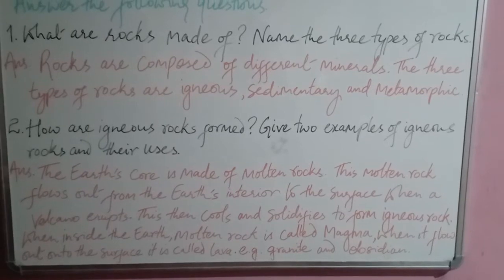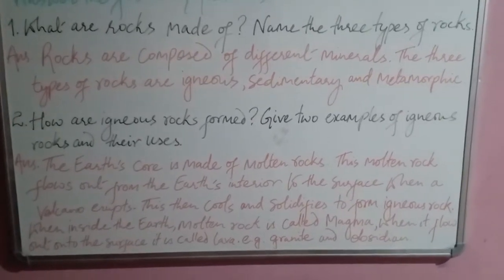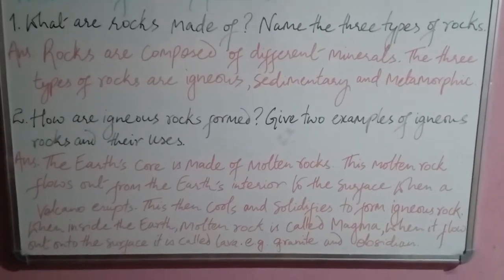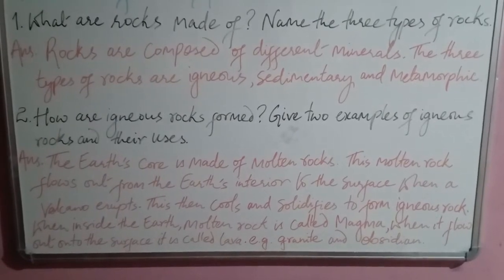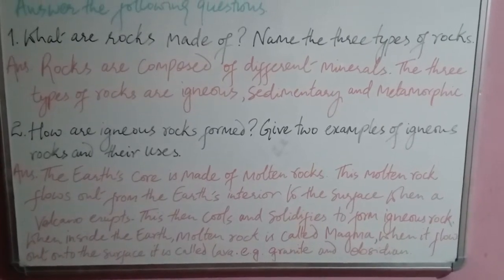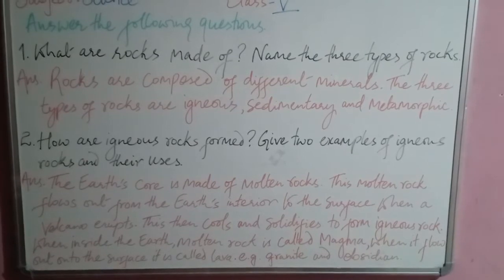When inside the earth, molten rock is called magma. When it flows out onto the surface, it is called lava. For example, granite and obsidian are some examples of igneous rock.